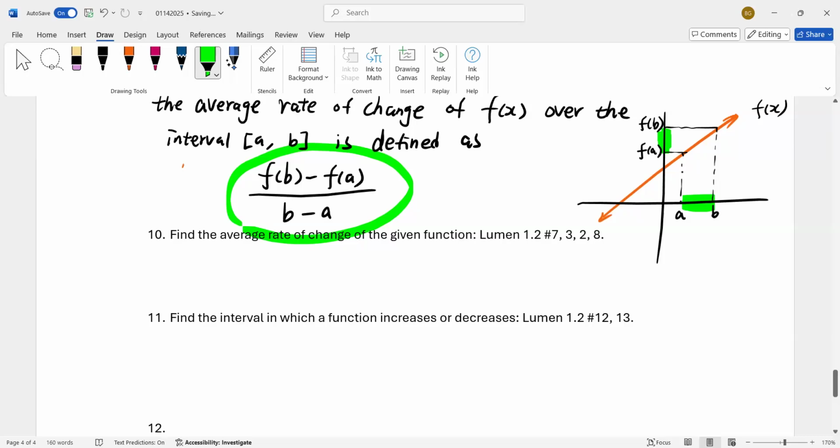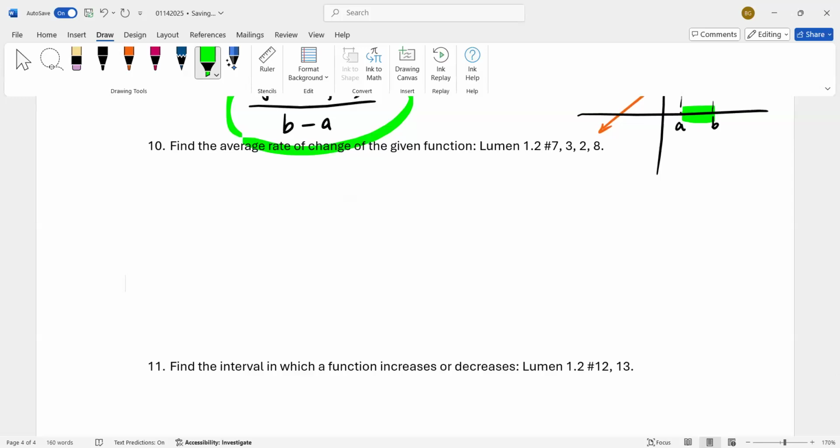We plan to cover 4 examples. Let's look at number 7 first. Let me see if I can copy paste number 7. Now I'm going to go back to Lumen and look for 1.2.